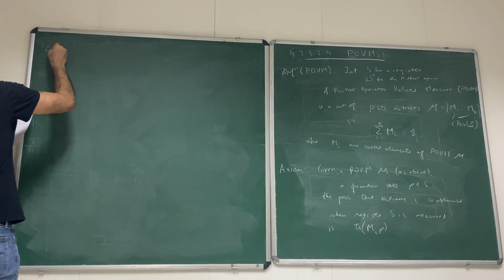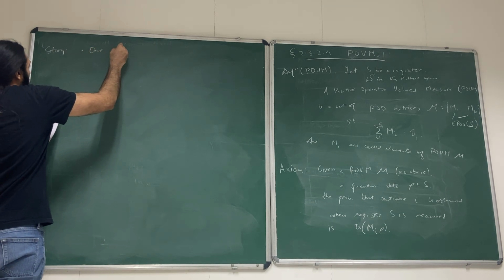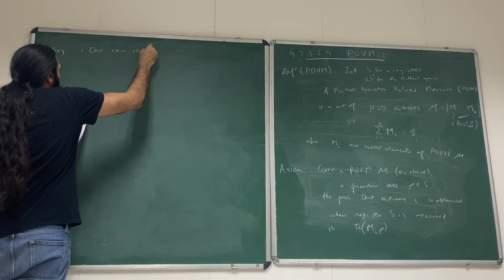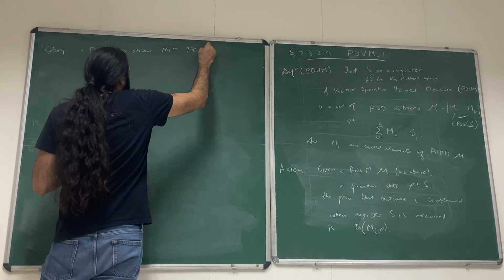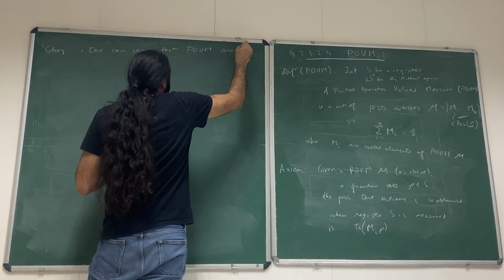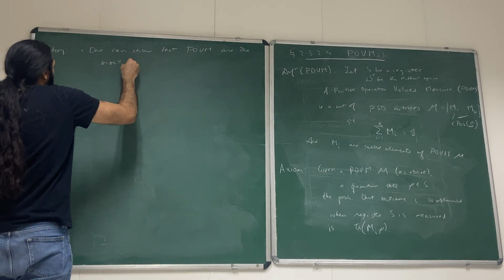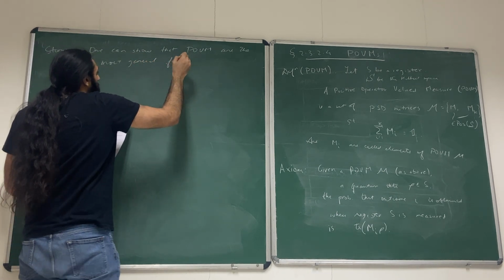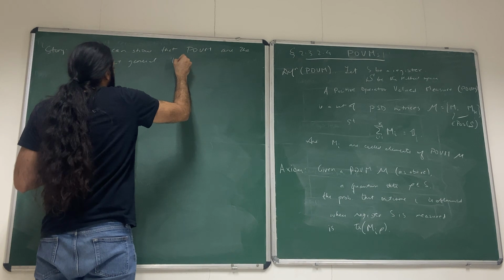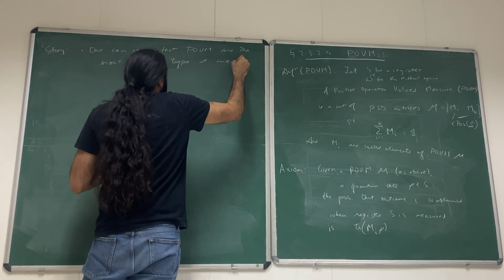So POVMs are the most general type of measurement in quantum mechanics.